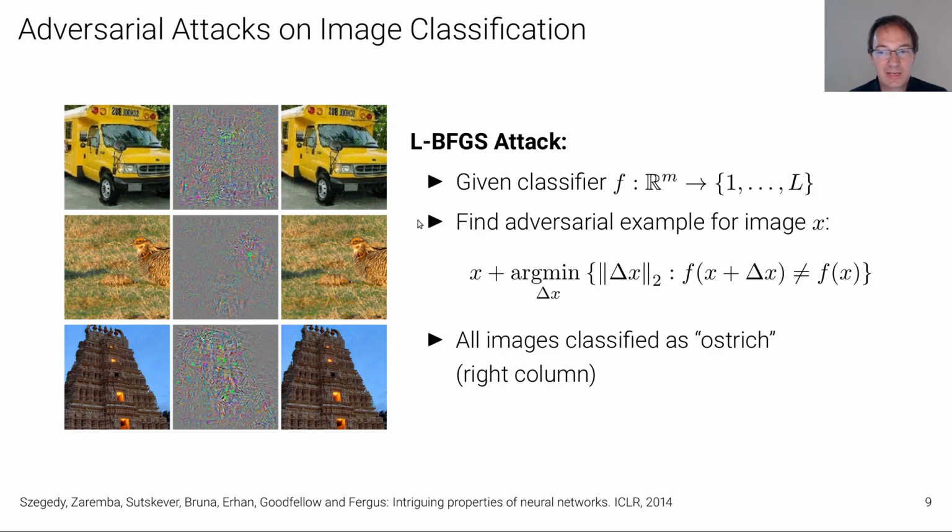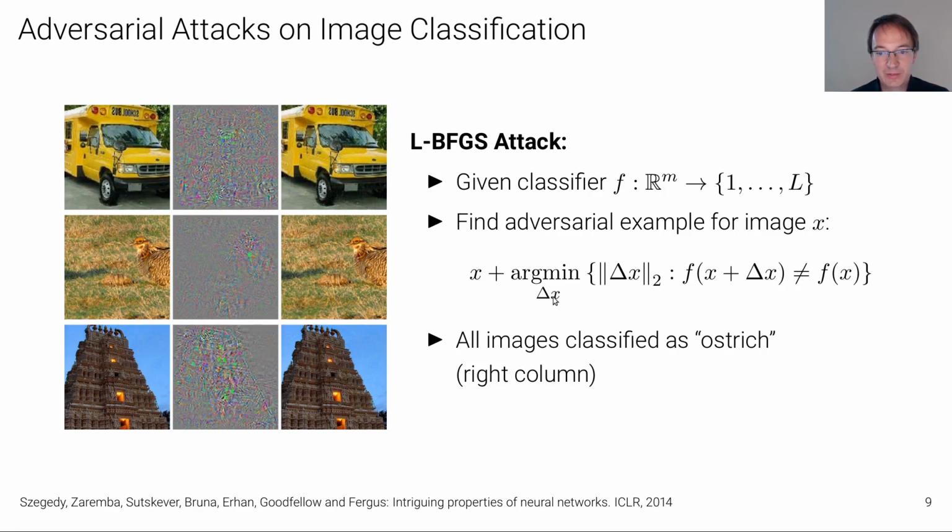Now, how does this attack work? More formally, given a classifier f that maps an image to a set of labels 1 to L, we want to find an adversarial example for that image.